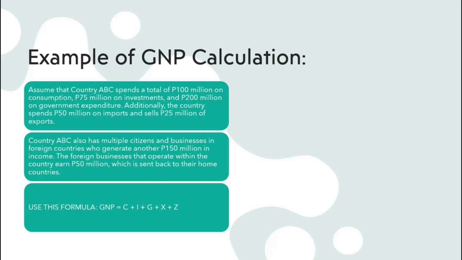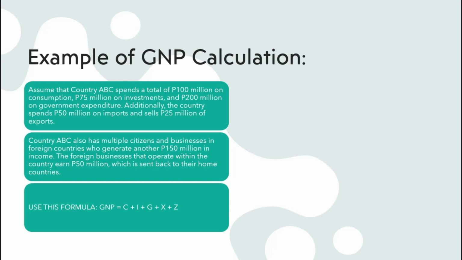In the second paragraph, country ABC also has multiple citizens and businesses in foreign countries who generate another income from the other country. And the foreign businesses that operate within the Philippines earn 50 million, which is sent back to their home country.